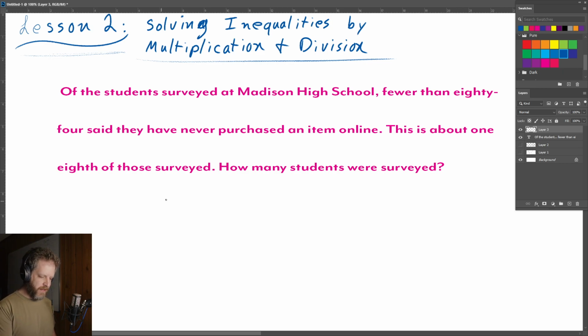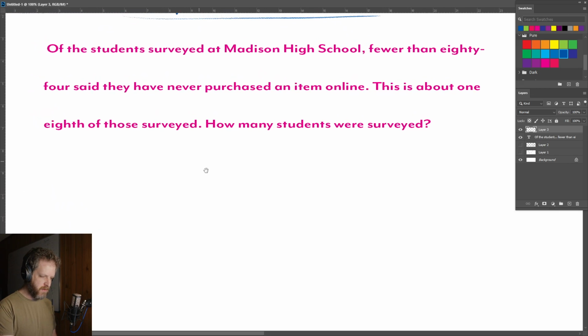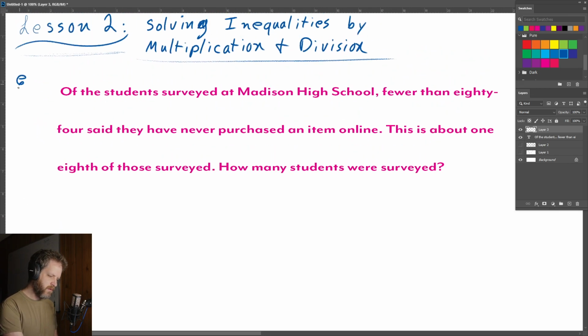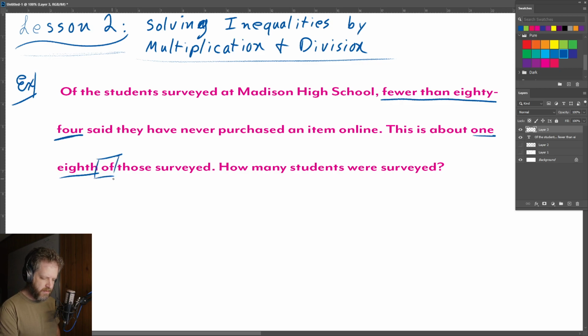So, what is our inequality going to look like? Where are our key informations here? What are we looking at? Let's start with that. 84, fewer than 84, right? And this is about 1/8 of those surveyed, right? Okay, so what are we going to do now?